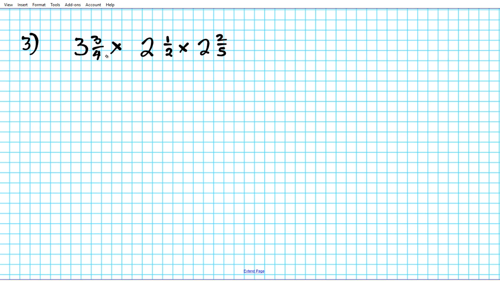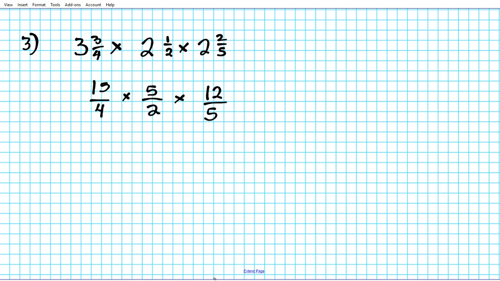Multiply, add over the denominator, multiply, add, multiply, add. Okay, 4 times 3 is 12, plus 3 is 15 over 4, times 2 times 2 is 4, plus 1 is 5, 5 over 2, times 5 times 2 is 10, plus 2, which is 12, over 5.